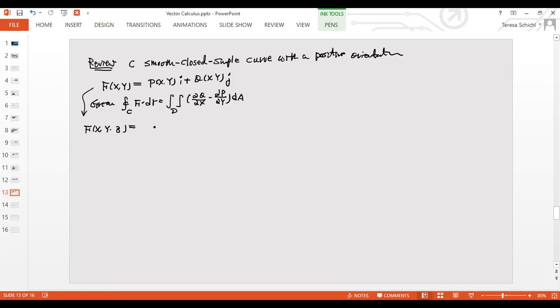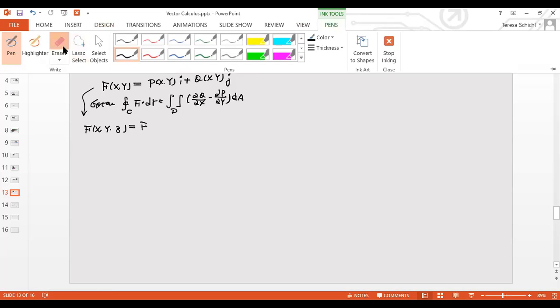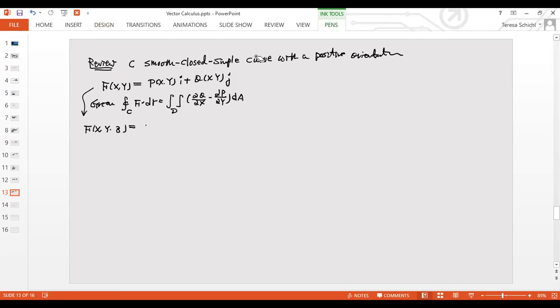Since this is R2, we can say we have P of x, y, z i plus Q of x, y, z j, and I don't have a k component, so I say 0 k.